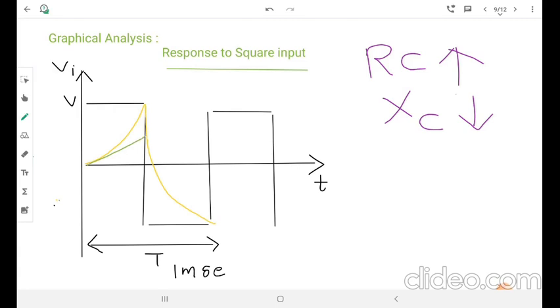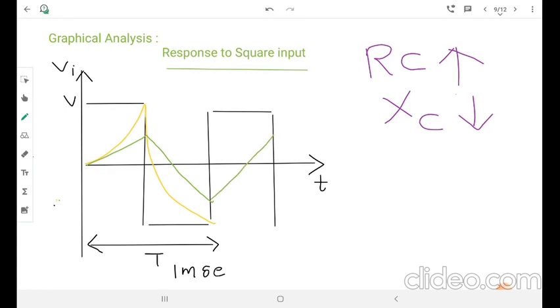When it reaches here, the input suddenly falls to negative V, so it starts to charge in the opposite direction, or it discharges like this. Again when it reaches here, the input jumps to positive V, so again it will charge in this direction like this.